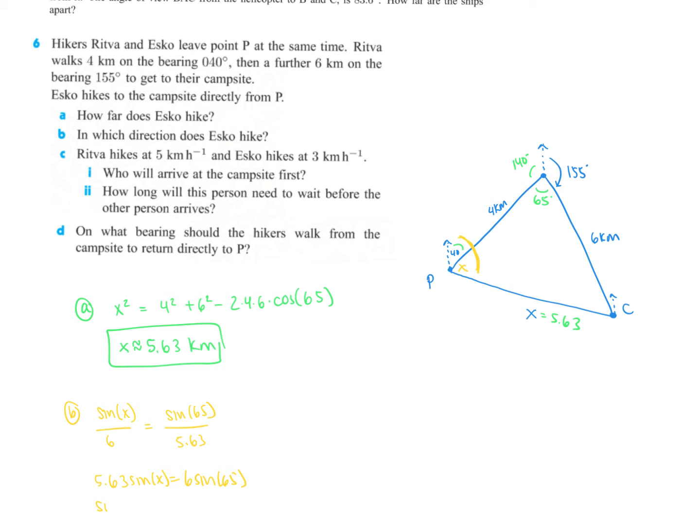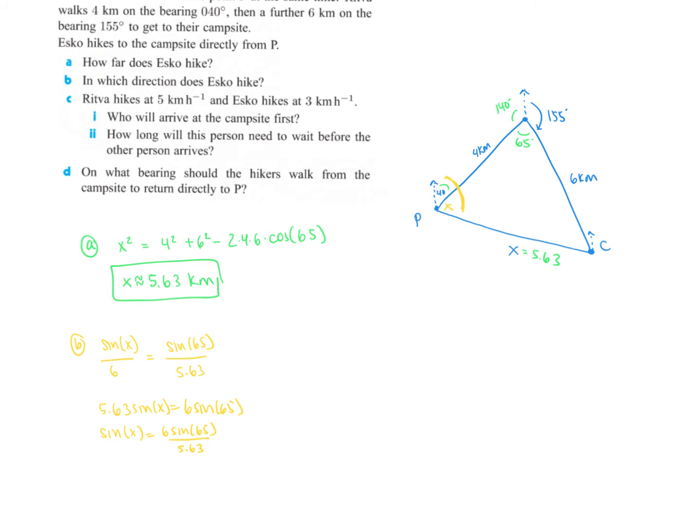So sine of x will equal 6 sine of 65 over 5.63. Okay, so we get that angle x is 74.9. So Esco's bearing is 74.9 plus 40 degrees, which is going to be 115 degrees.